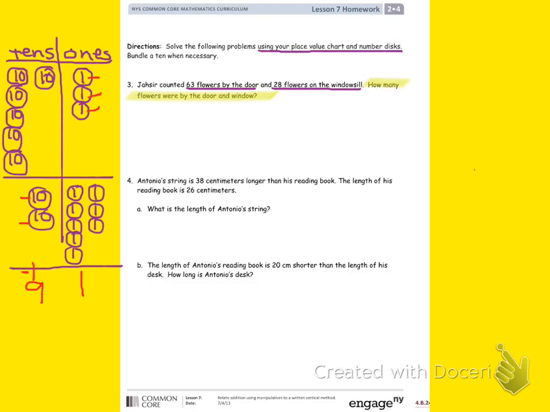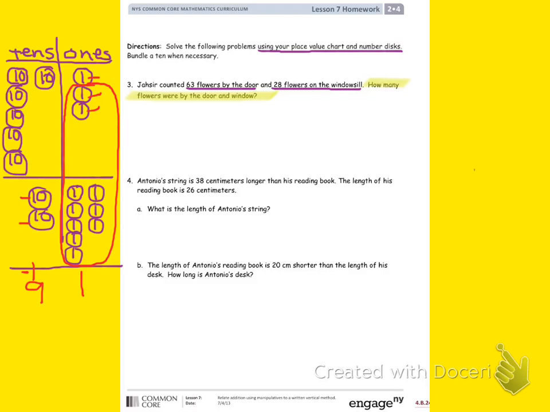If you didn't understand what I just did, I counted up my number discs in the ones column. And I know that this right here is a group of 10. If I'm using manipulatives, I would bundle them up, maybe with a rubber band, and slide them over to the tens column.